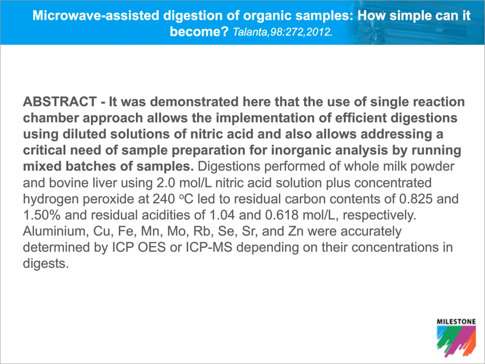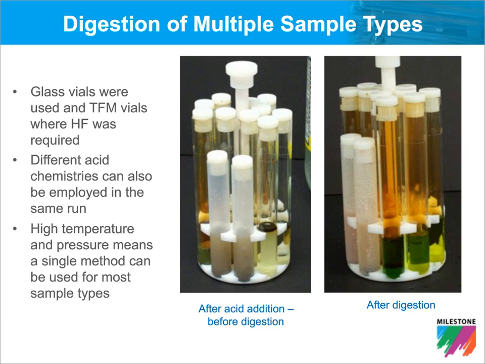In this work, samples of plant and animal tissues or samples of polymer, biodiesel, lubricant oil, and lube oil plus biodiesel were simultaneously digested. In all cases, residual carbon contents were compatible with measurements by ICP OES and ICP-MS.